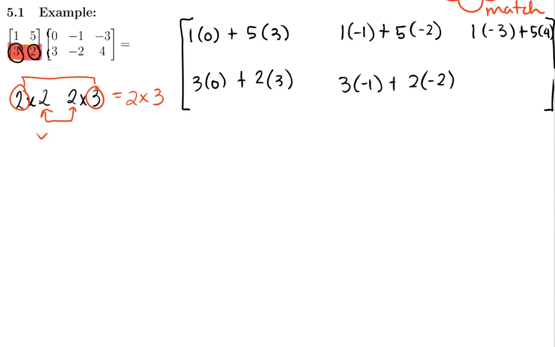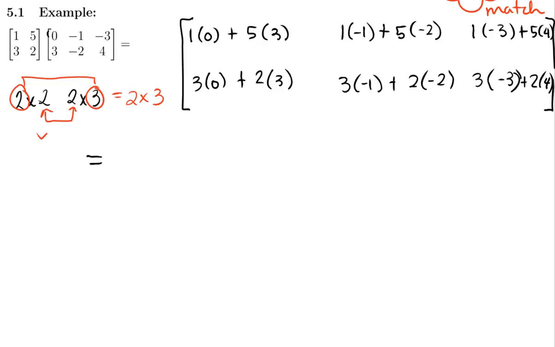And finally, if we look at the third column, still the dot product with the second row, we end up with 3 times -3 and 2 times 4. So we're doing the dot product at each piece along the way. So now let's go ahead and figure out what these values actually are.